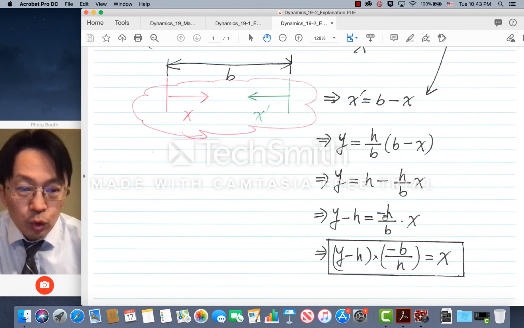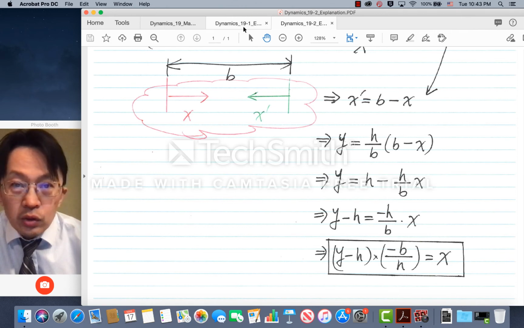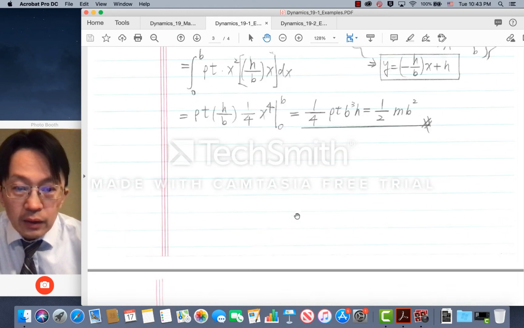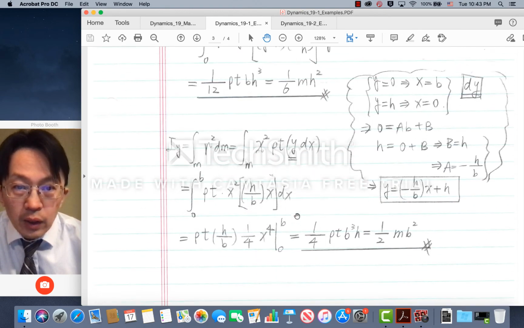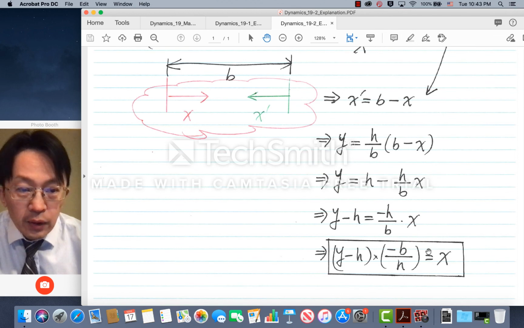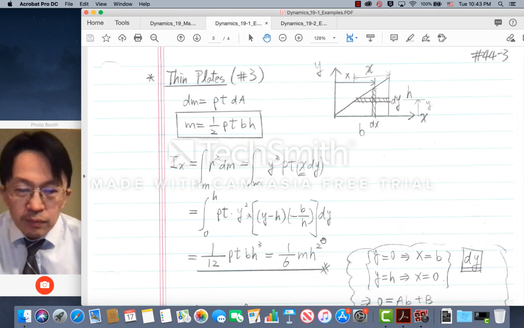And you just move this coefficient negative h over b from the right hand side to the left hand side, and you arrive at this expression, which is the expression of x that we use right here. So if you compare this expression and this expression, they are the same.